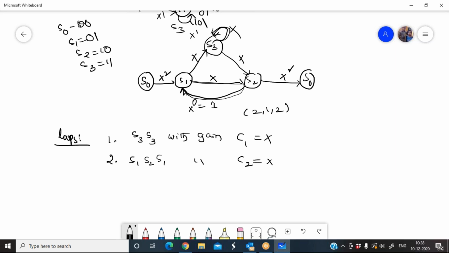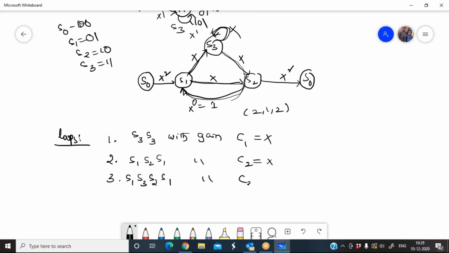Is there any other loop? Look at the diagram. One more loop, starting from S1, S3, S2, S1. So this is the path. So here the third one is starting point S1, S3, S2, S1.